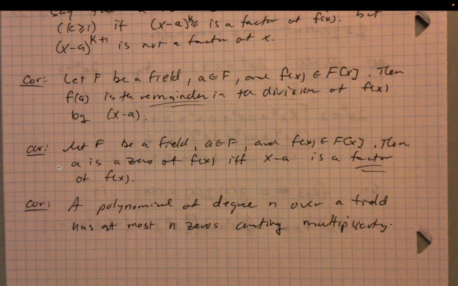This is hitting very close to what we would think of as the fundamental theorem of algebra, which says essentially that there are as many roots of an algebraic expression as the highest degree of the polynomial. It's the fundamental theorem of algebra.